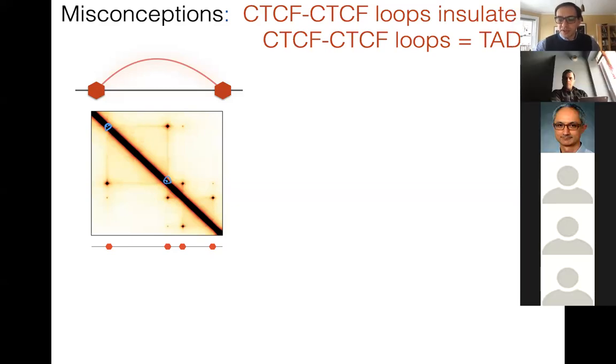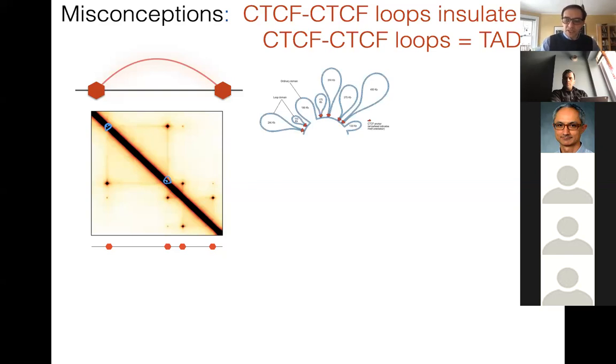So essentially, this creates a fixed loop, like many drawings in the papers. And what we see in simulations is that once you have these fixed loops, there is no enrichment of interactions within a domain compared to between domains. So there are essentially no TADs, if you wish.